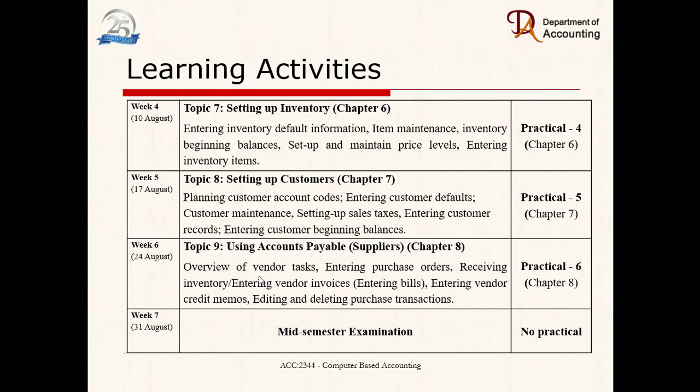There you set the default credit period, the default discounts, the default discount period, and likewise you can set some of the common information for most of the customers. And here also we'll be starting with setting up the individual customers and entering their opening balances, whose total must be equal to the balance that is there in the general ledger.